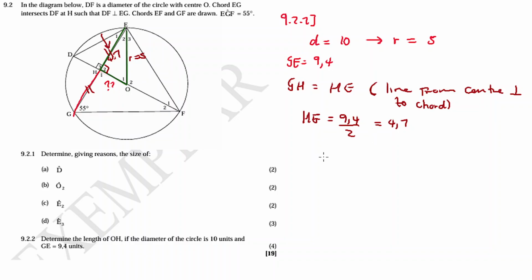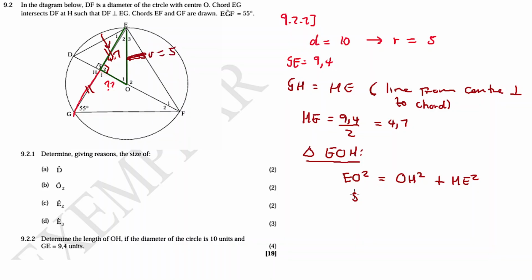So in this triangle EOH, we're going to apply the Pythagoras theorem. EO squared, the hypotenuse squared, is equal to the side squared, which is OH, plus HE squared. What is EO? It's the radius, it's 5.